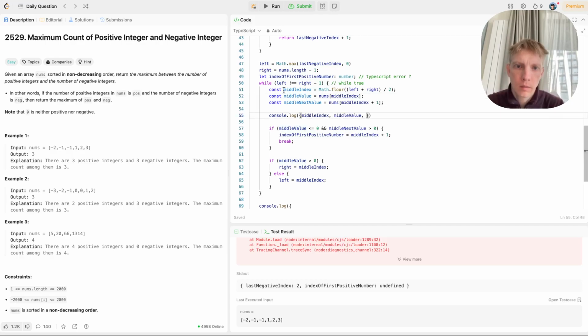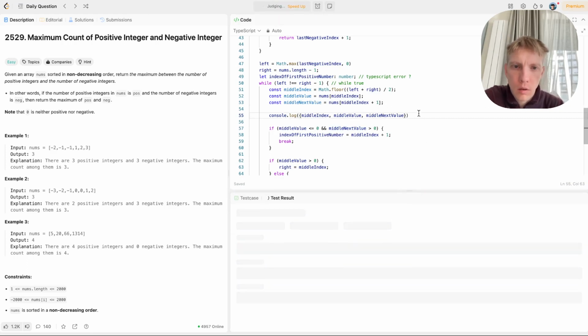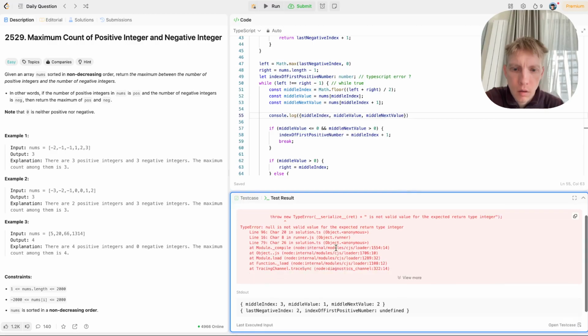Middle value, middle next value. Let's just check what kind of conditions do we have here.